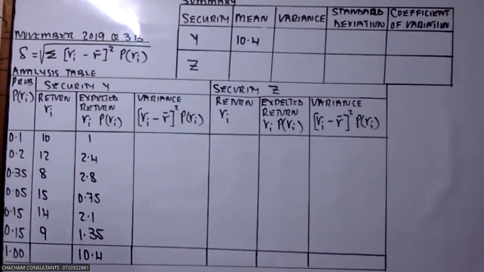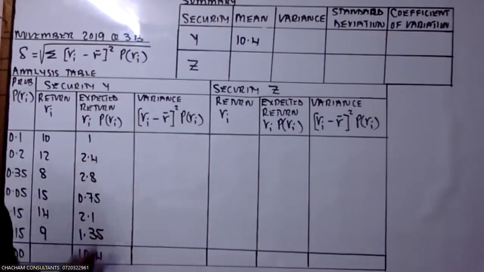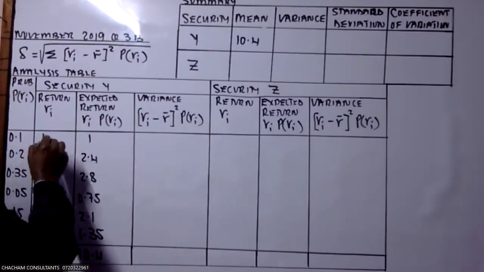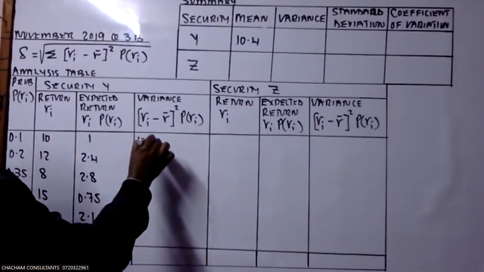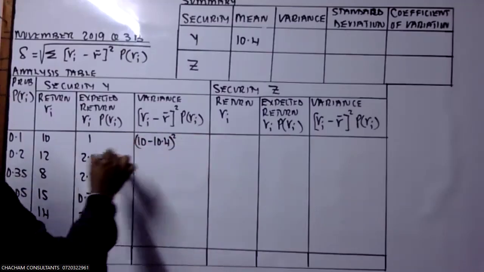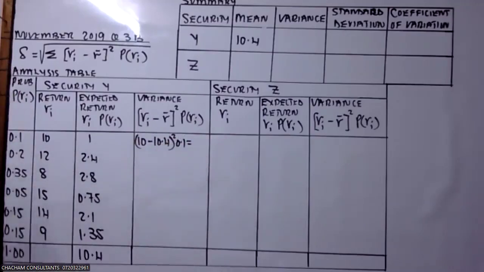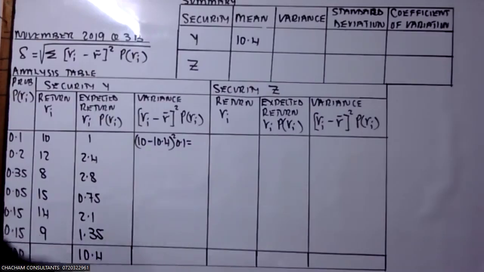That is X bar, R bar. So when we come to this other column here, you will say now this one, you take this 10 minus 10.4, you square, you multiply by 0.1. If you have space you can write, if you don't have space you write below or you just substitute straight. Give me the answer.